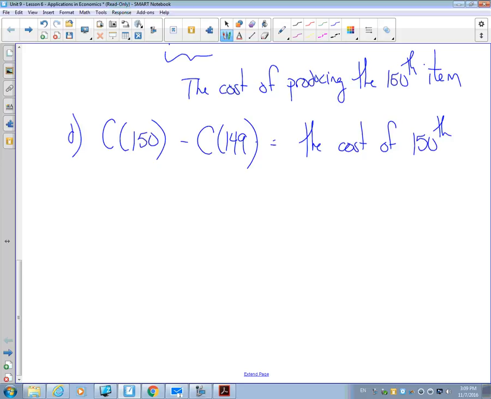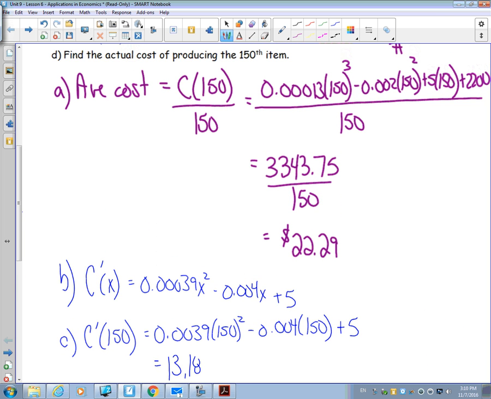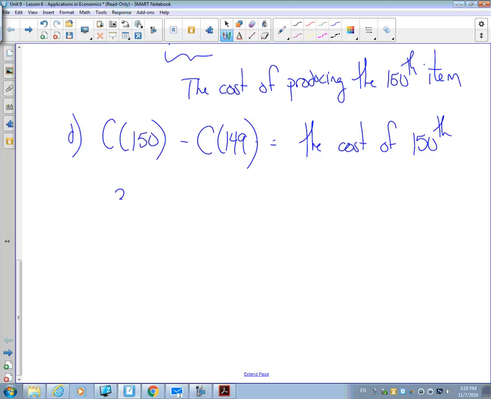The difference between any two consecutive totals is what it actually costs to produce that single item. So if we go back to our original equation, we already figured out 150 items was 3343.75. If we put 149 into our equation, you should get 3330.63. Now if I subtract those, I end up with $13.12.